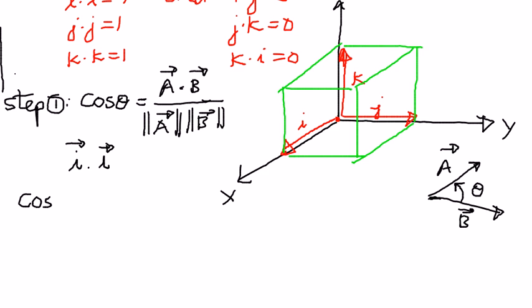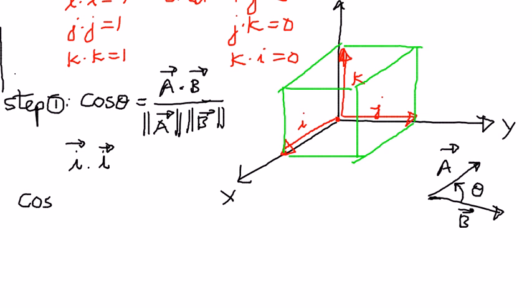Now, one other observation I want to make here is that if I have I as a vector, and there is another vector which is right on top of, overlying the existing I vector, that means the angle between those two vectors is going to be 0, isn't it?